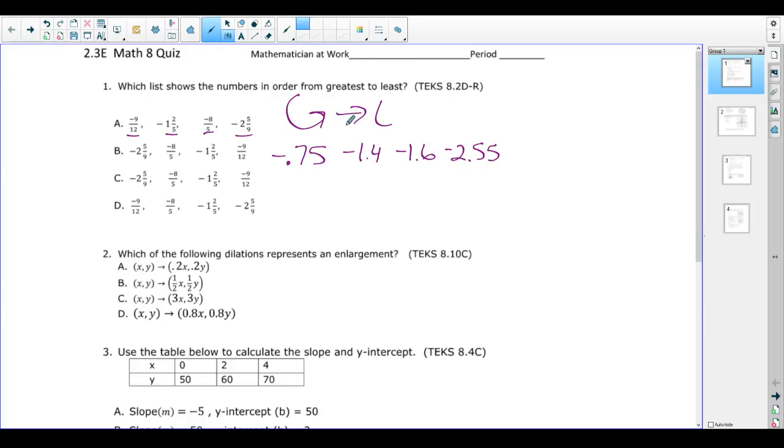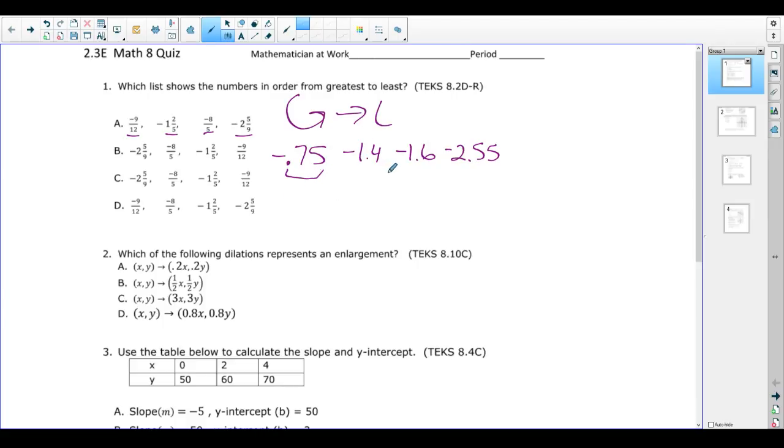Okay, and some of you are still having trouble because these are all negatives. You need to remember that the biggest negative number is the one with the smallest value. So the biggest number here is actually this one right here.